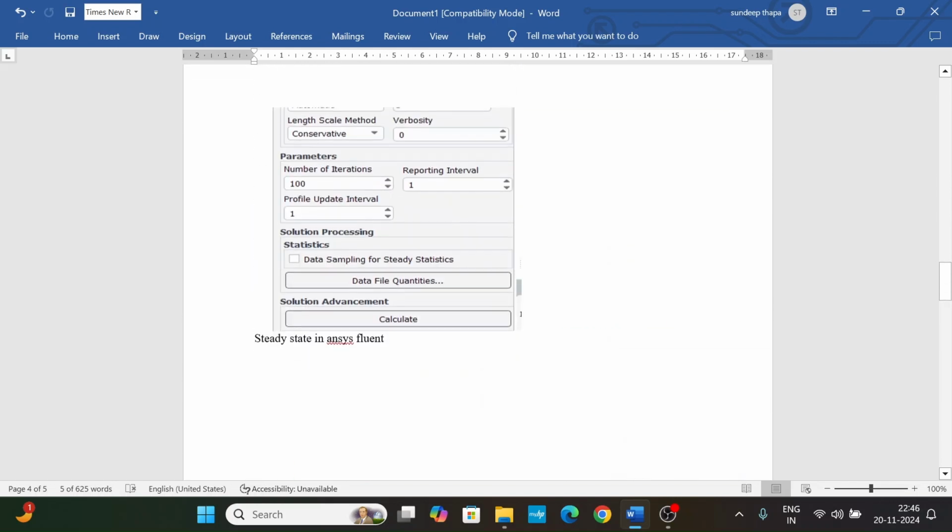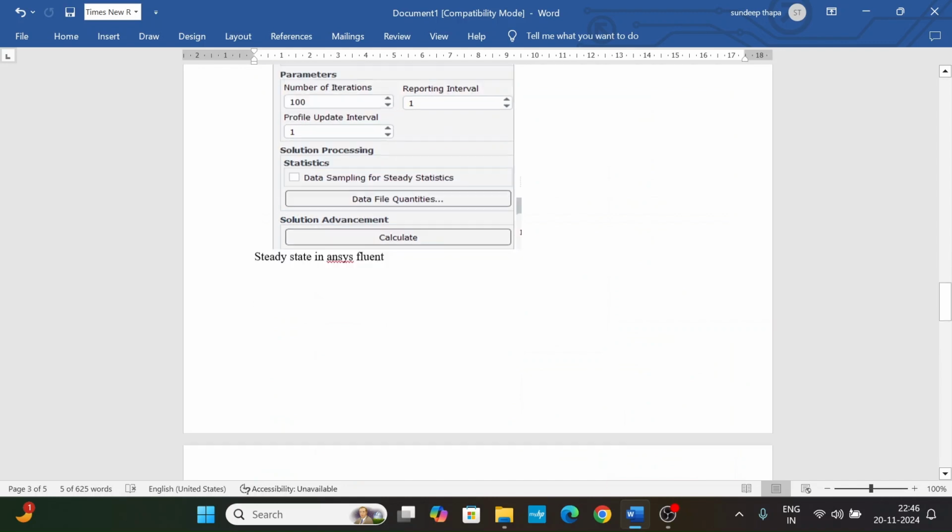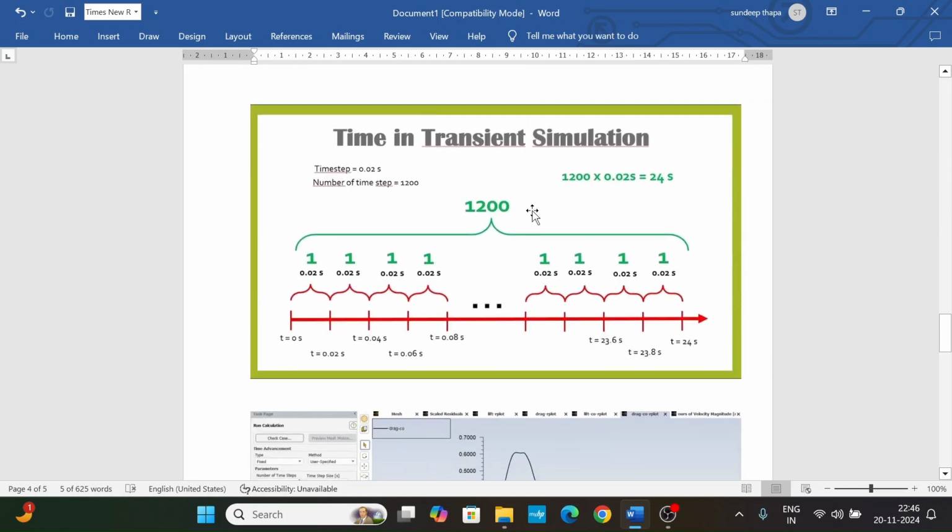Now the number of iterations will also be in the transient simulation. But here in the transient simulation there is a catch. You do not need to give a higher value for iterations because it is 0 seconds and then 0.02 seconds, so you are looking for what has happened after 0.02 seconds. Nothing major has changed, only significant changes.